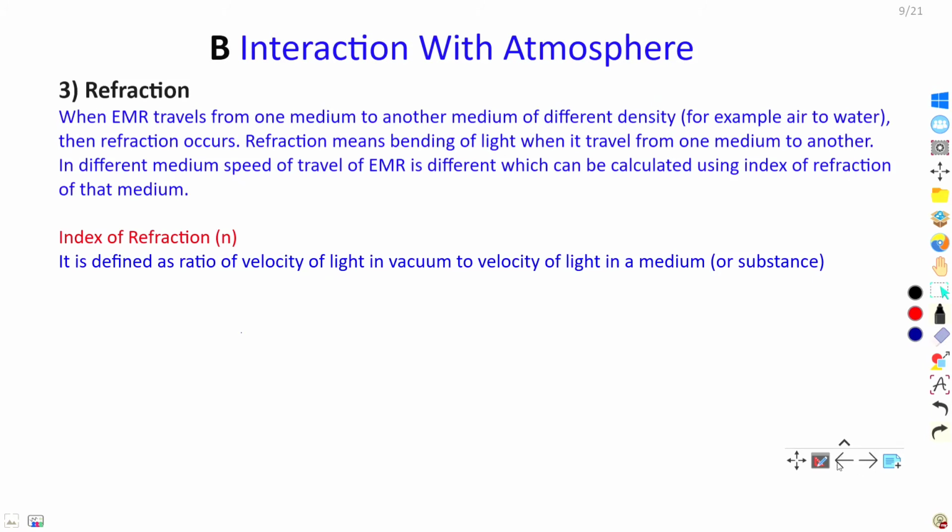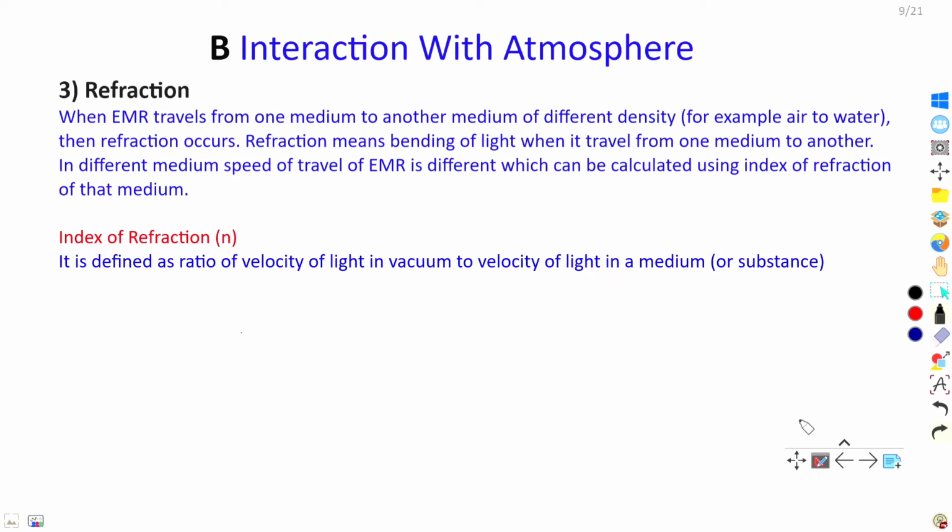Here pay attention, because from refraction quite a good amount of things can come in exams. First of all, let's see what refraction is. We have seen absorption, that some bands get absorbed in particles.